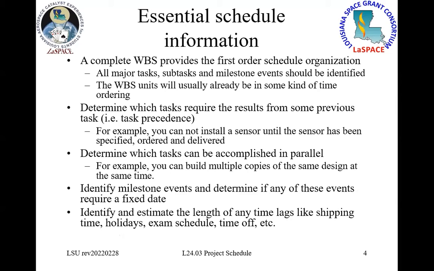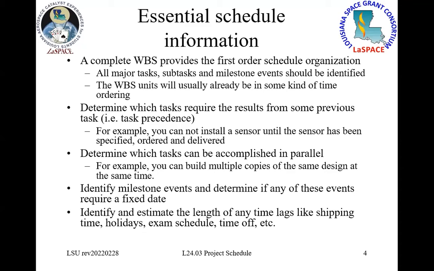The kinds of things that are essential for you to produce a schedule start with that complete WBS. Did I ever mention that you need to have a good WBS and requirements and objectives set and identified? That WBS is already probably going to have some kind of time ordering identified in it, and that will help you order things as you go.